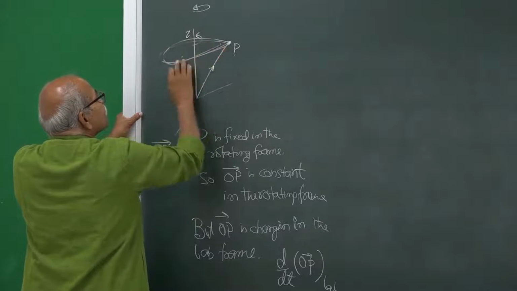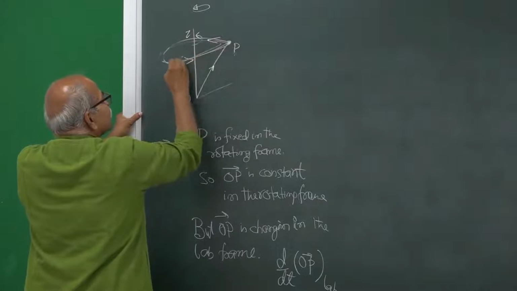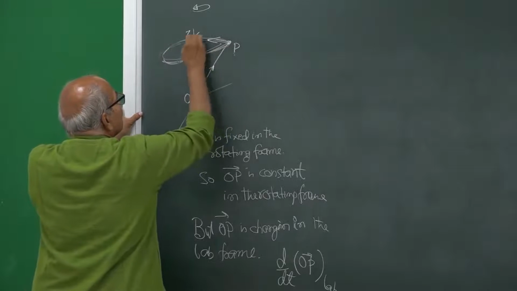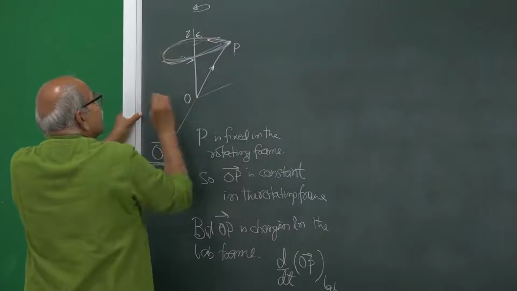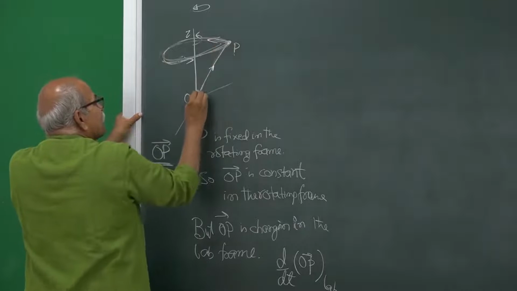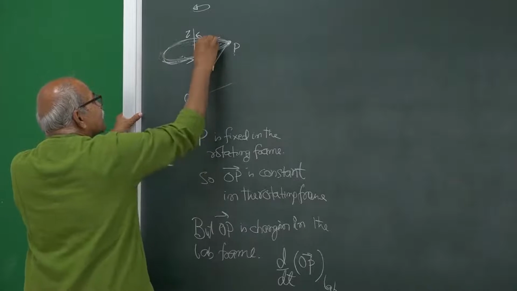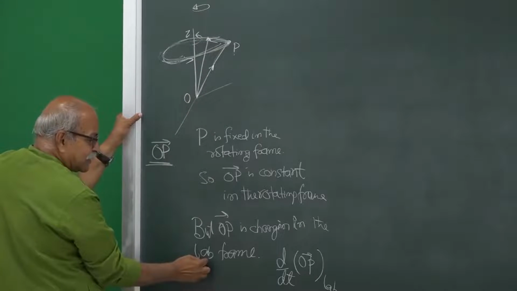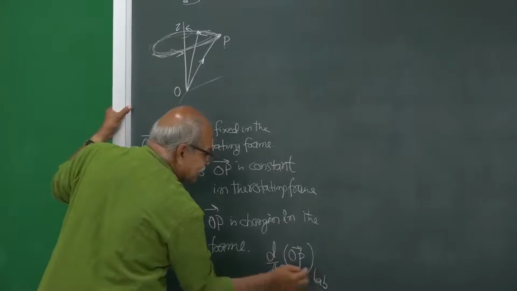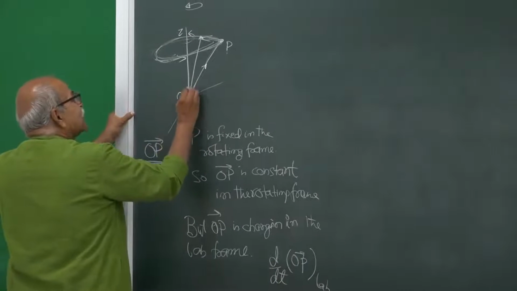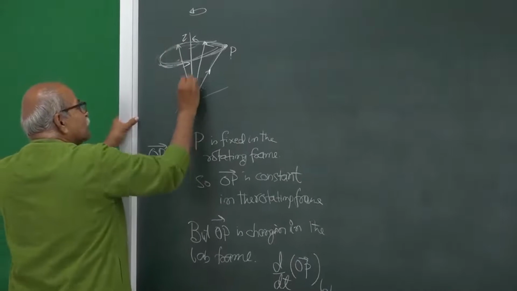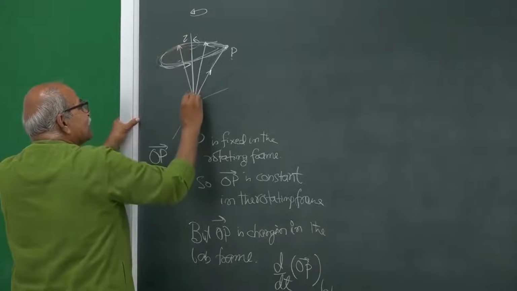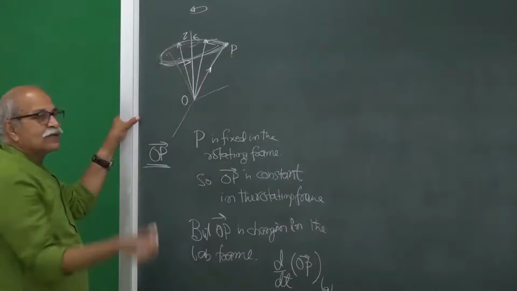It is going in this circular path with angular velocity omega, and therefore OP is here. After some time OP will be here. I am now talking from the lab frame. I need d/dt of OP in the lab frame. After some time the frame will be here, this OP will be here, P point will be here, and so on. So it is rotating.